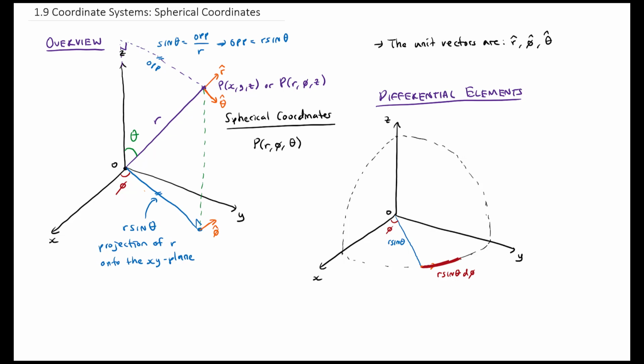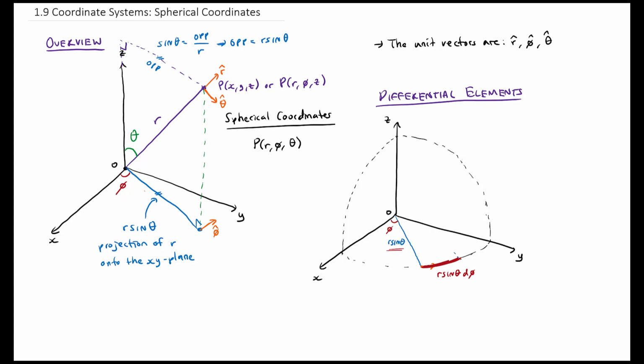Remember, before we had r d phi for cylindrical and polar coordinates. Now we have r sine theta d phi, because this is the new length that we're looking at.